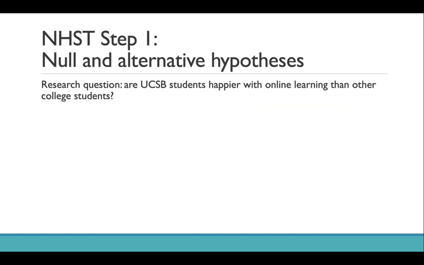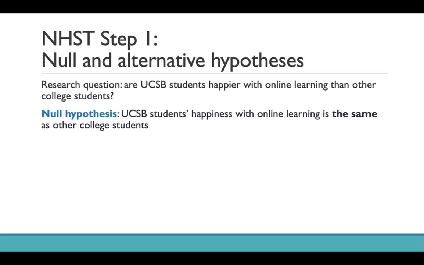Let's start with step 1, null and alternative hypotheses. So recall, our research question is, are UCSB students happier with online learning than other college students? Based on this research question, our null hypothesis is going to be that UCSB students' happiness with online learning is the same as other college students.